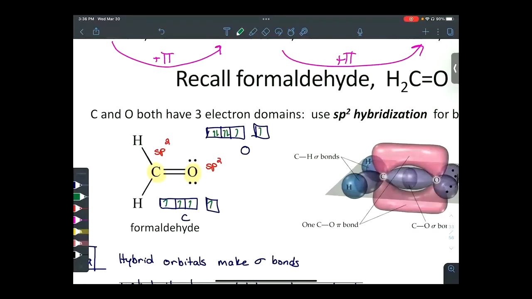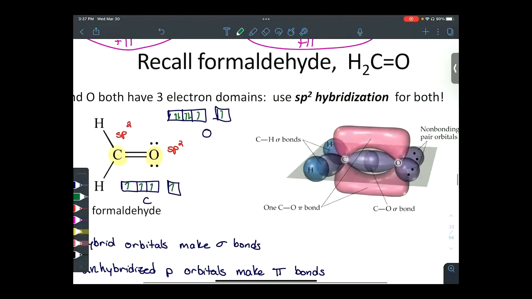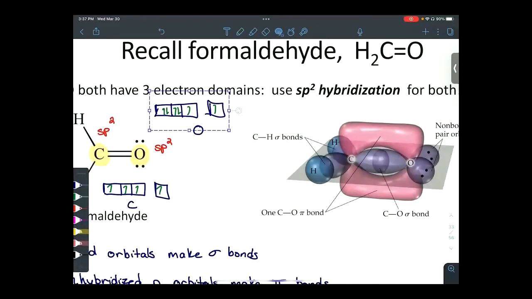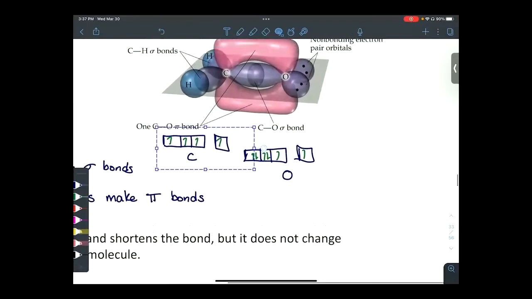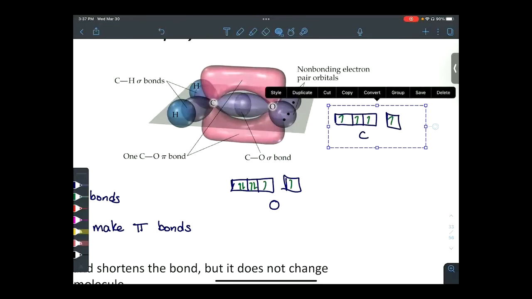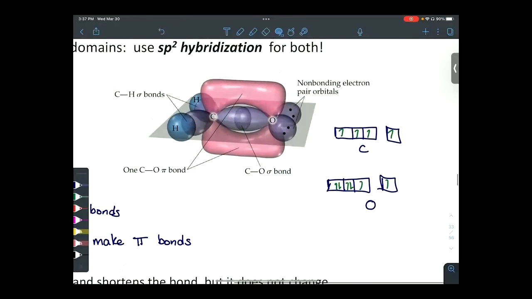Okay, what's going on here? If we look at this picture, I'm going to move stuff around. So there's my oxygen, there's my carbon, all right? These purple boxes are basically our sigma network.